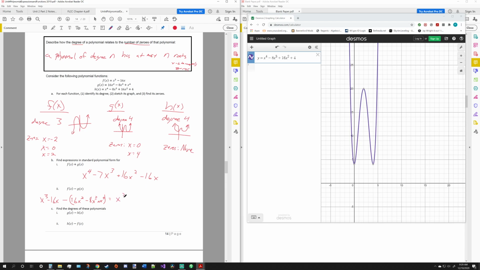So that would give me x cubed minus 16x minus 16x squared plus 8x cubed minus x to the 4. And then combining those like terms, that means I get negative x to the 4 plus 9x cubed minus 16x squared minus 16x. So there's our answer for the second one.